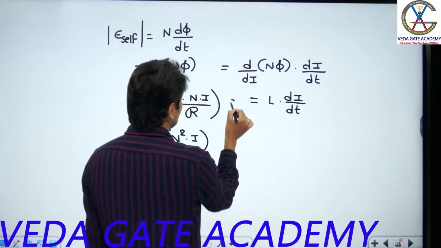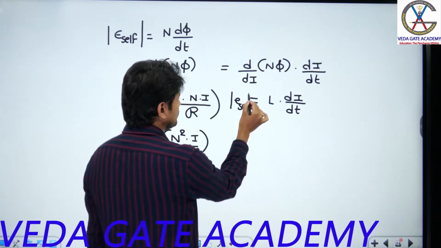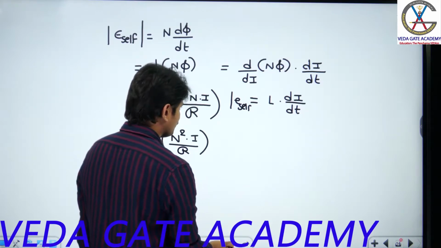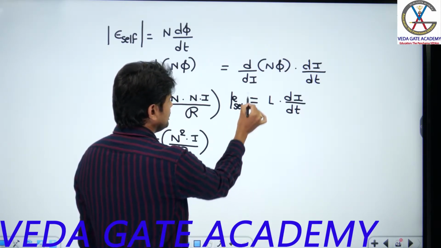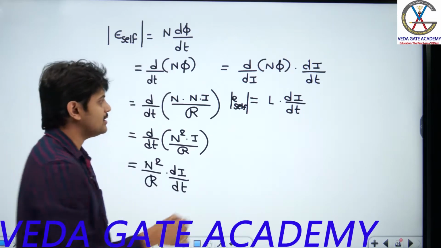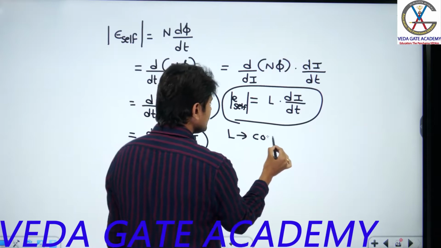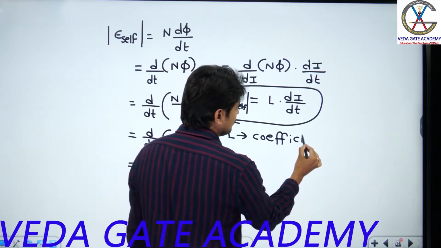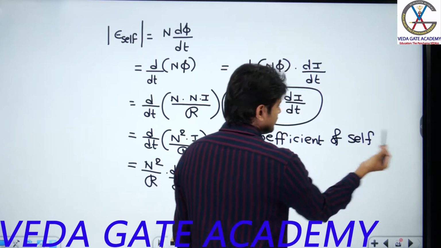So the other formula for the magnitude of self-induced EMF is L di by dt. Here L is called the coefficient of self-inductance.